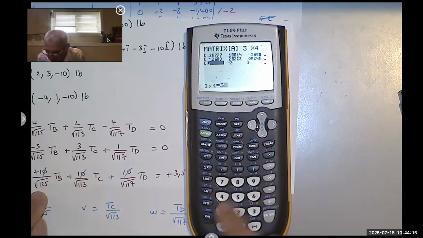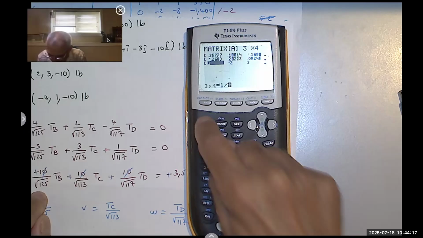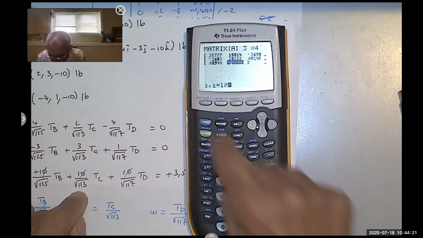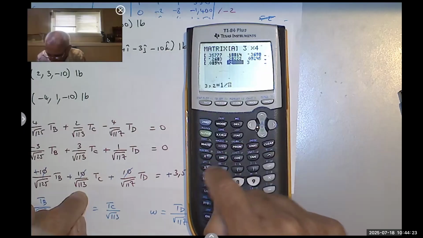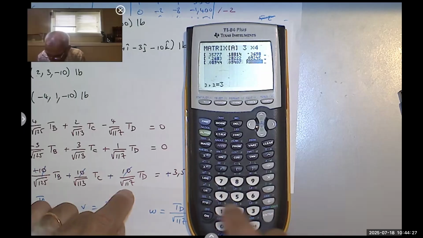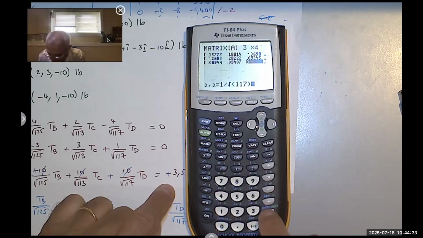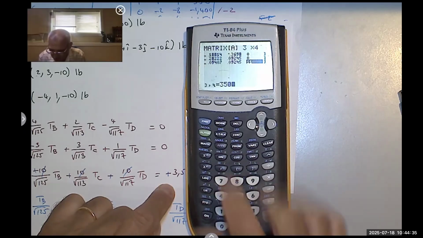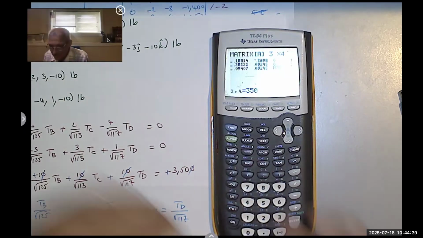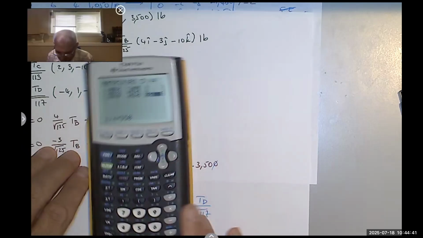And then 1 divided by the square root of 125. 1 divided by the square root of 113. 1 divided by the square root of 117. And finally 350, because we deleted the 0. Now I'm done entering the matrix.